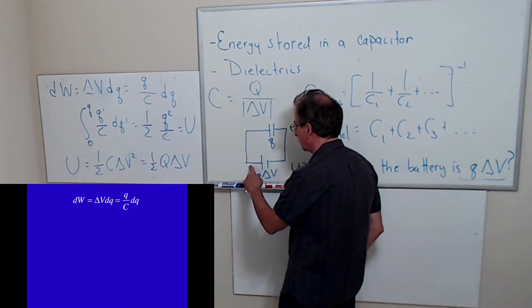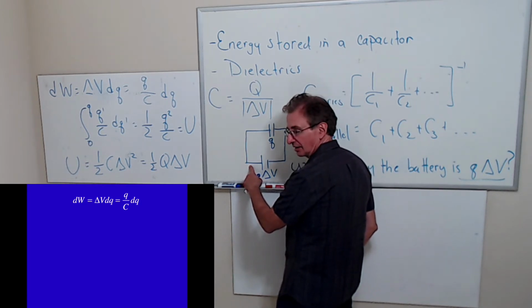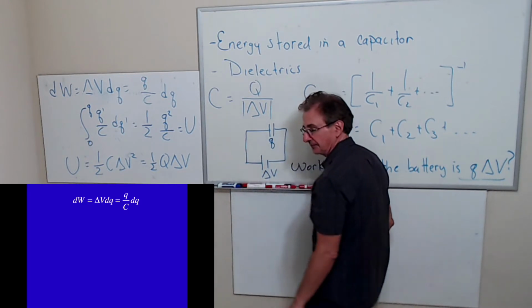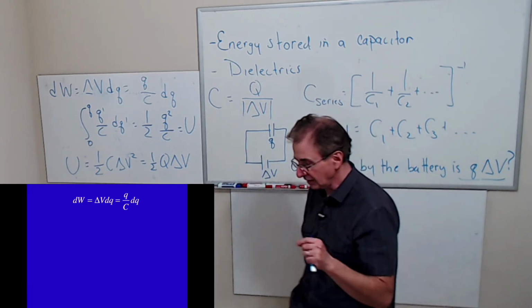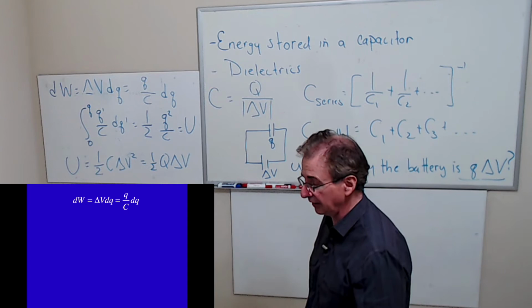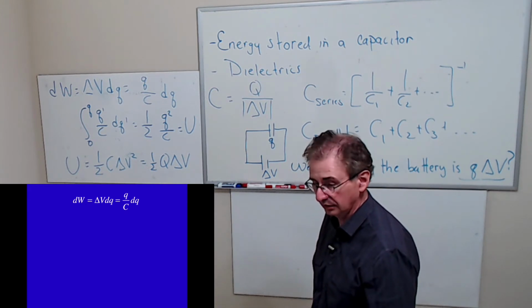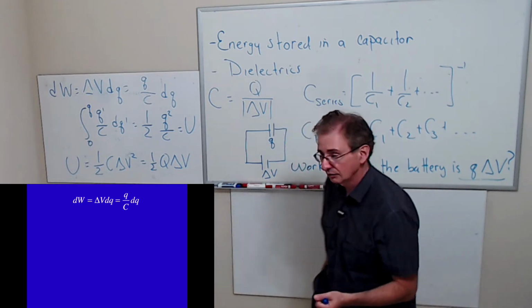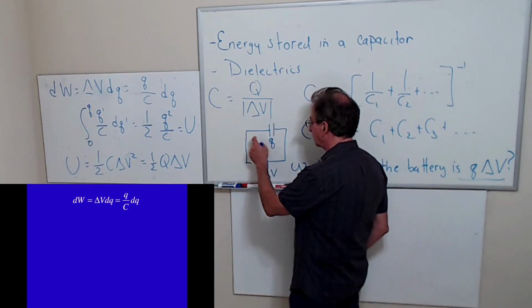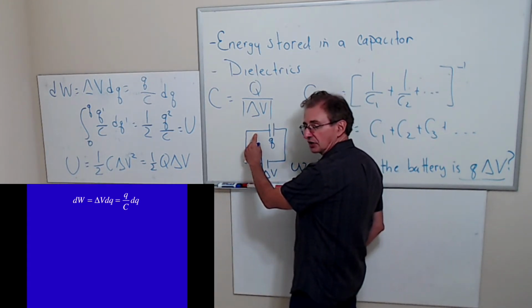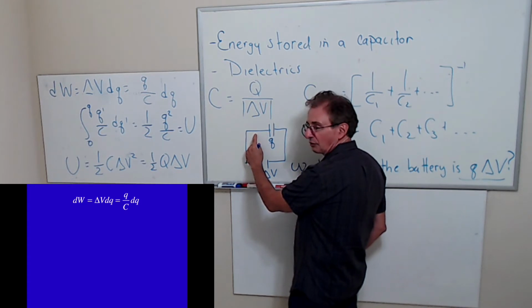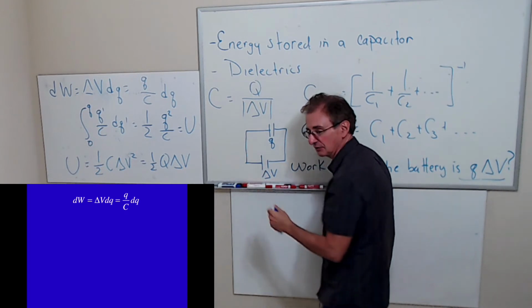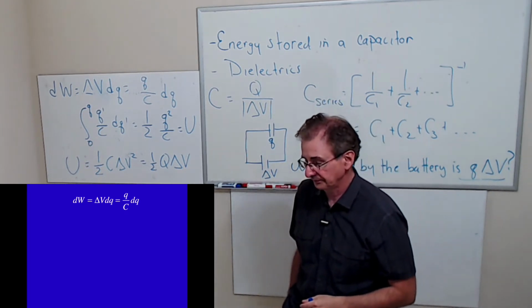Half the energy ends up being lost by the resistance. And in fact, when we get to chapter 28, we can prove that quite easily. We can take into account the resistance of the circuit, and we can show that no matter what the resistance is, half the energy will be lost to the resistance of the circuit.